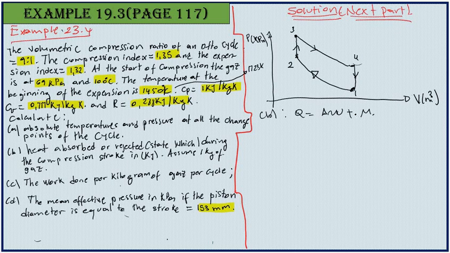U represents the internal energy, W represents the work done, and Q represents the heat, the heat added or rejected. It depends on the nature of the process.